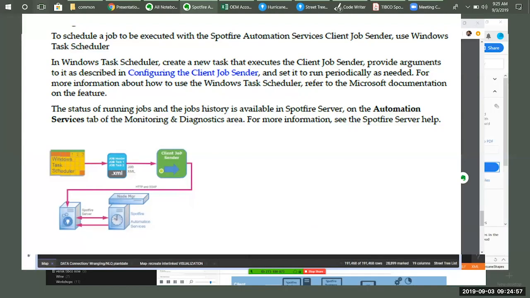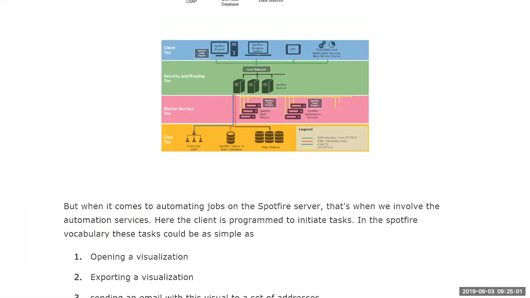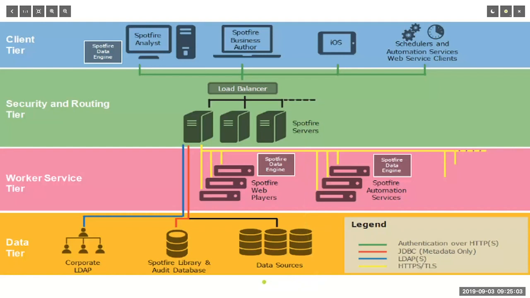Going back to this diagram right here, you would ideally just interact with the Spotfire servers, and the underlying mechanism initiating that interaction has been swapped, and can be used interchangeably depending on which kind of task scheduler you are more comfortable with.